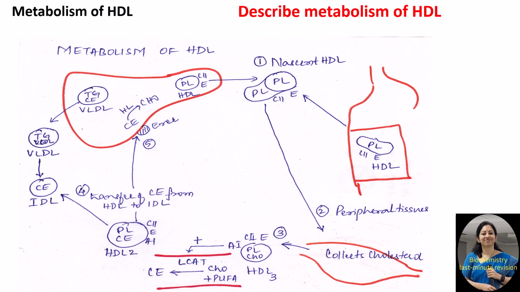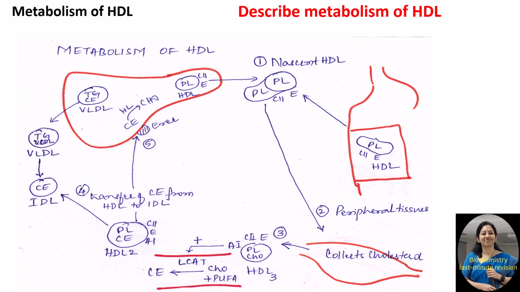Now this HDL2 normally transfers ApoC2 to nascent VLDL and nascent chylomicron to become mature VLDL and mature chylomicron. Okay, and it also transfers the cholesterol esters to nascent VLDL and nascent chylomicron, so that the cholesterol esters are carried by VLDL and chylomicron also.